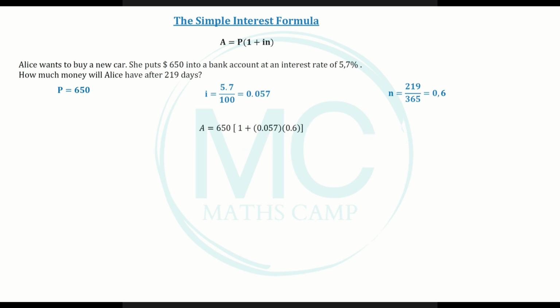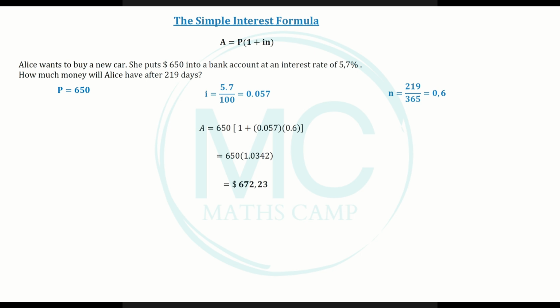Now we can say 650, which is P. Inside our bracket, let's multiply I and N, and we get 0.0342, add 1, and we get 1.0342. Finally, let's multiply our bracket by P, and we get $672.23.